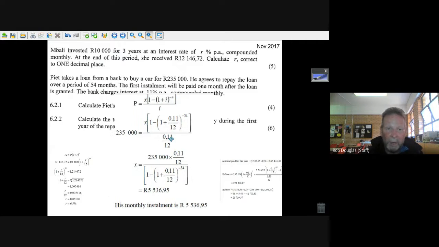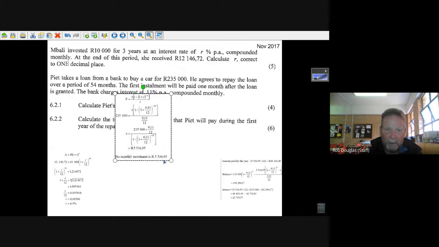You can multiply by this and then divide by this and do it in steps, but you can do this in one step to get the monthly installment, which is 5,536 and 95 cents.